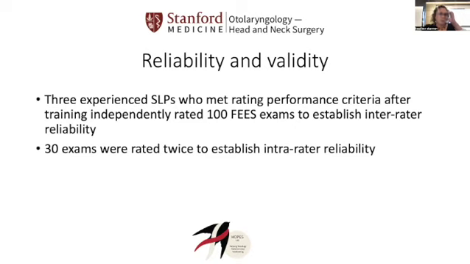Okay, so once the scale was established, we did reliability and validity testing. We had 3 experienced speech-language pathologists who met rating criteria, and then they independently rated 100 FEES exams to establish both inter and intra-rater reliability. We did a 30 exam repeat for each of the raters.